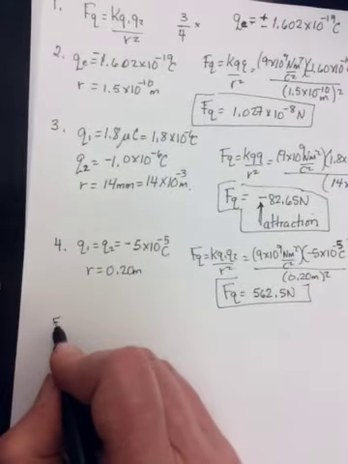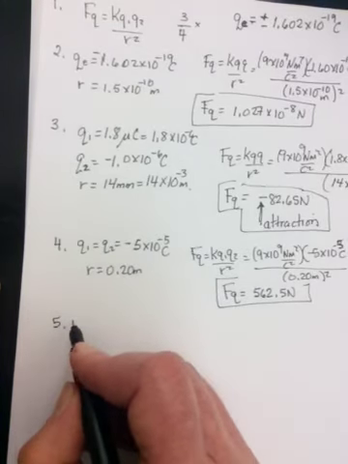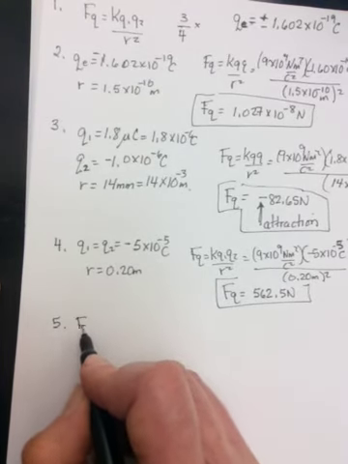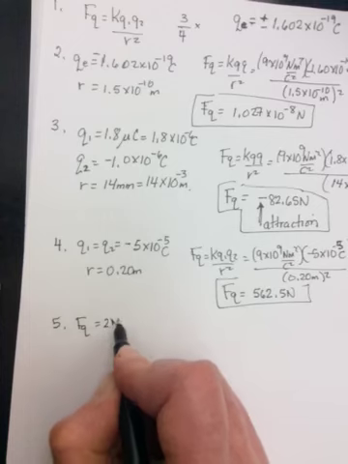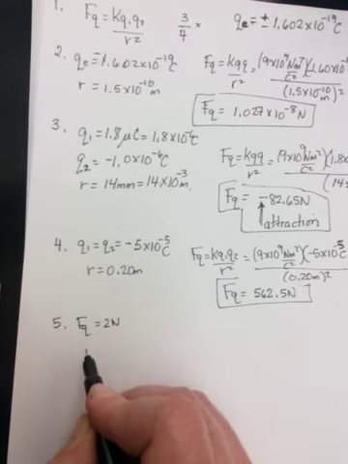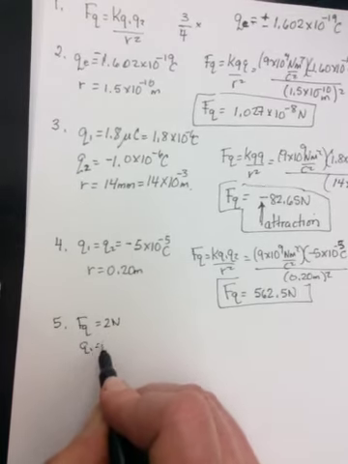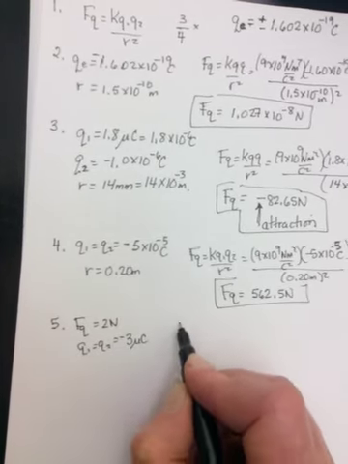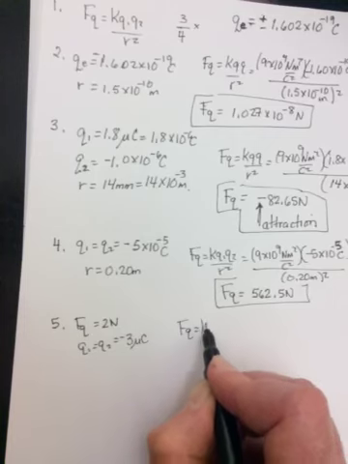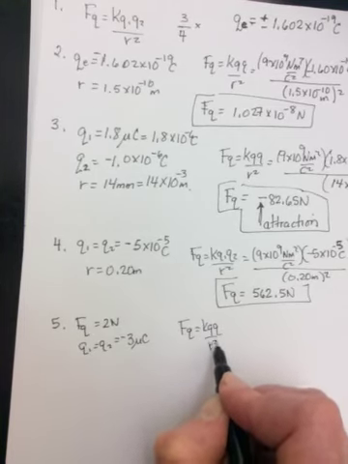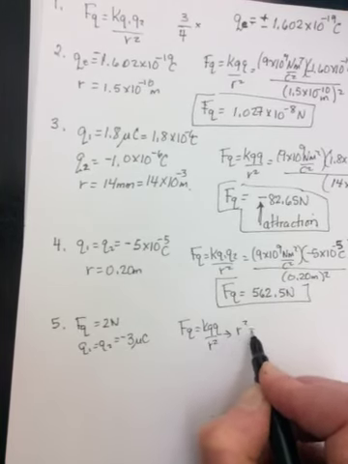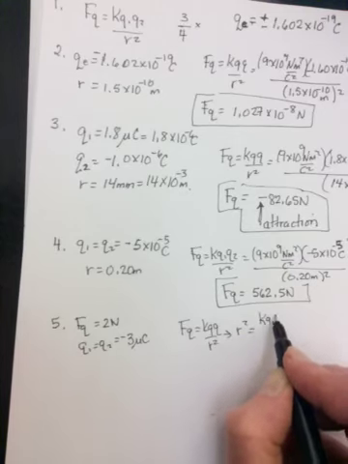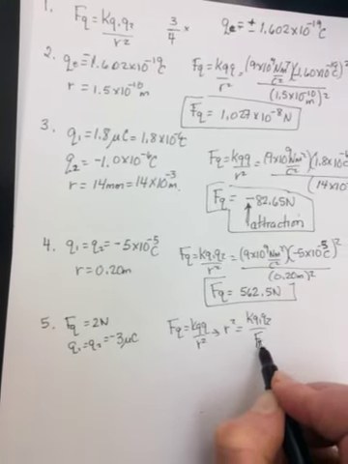Number 5. Two charged objects can exert a force of repulsion, FQ, of 2 newtons on each other. If each charge, Q1 and Q2, is negative 3 microcoulombs, how far apart are they? So FQ equals KQ1 Q2 over R squared. So R squared equals KQ1 Q2 over FQ.